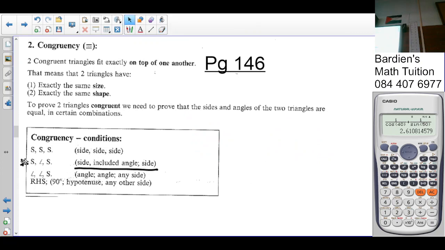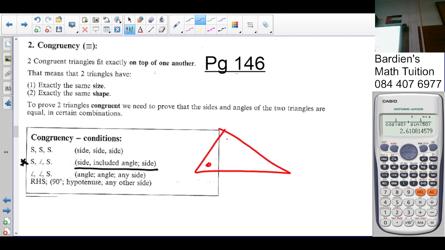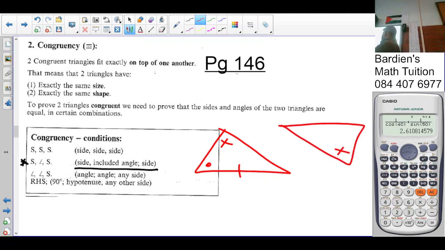Angle, angle, side. We have two angles. We have this angle and that angle and a side. Now it can be any side. If we have two angles and any side, that works for us. Provided that the side is opposite the correct angle. So can the known side be here?